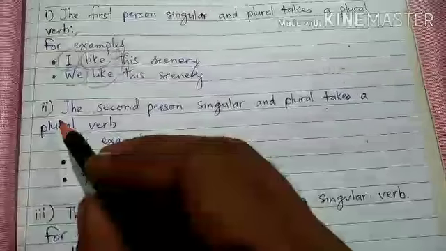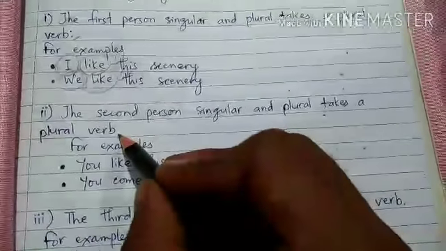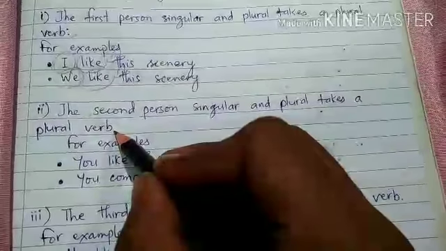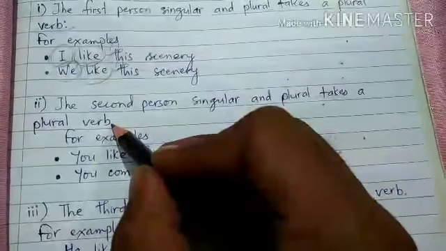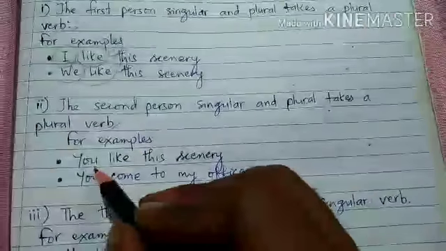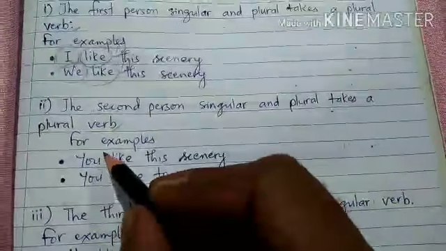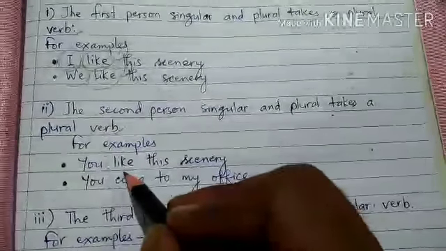Now the second is: the second person singular and plural take a plural verb. Second person singular and plural personal pronouns, which is both you and you. You can be used both as singular and plural, so whenever we use it as singular or plural, we need to use a plural verb.